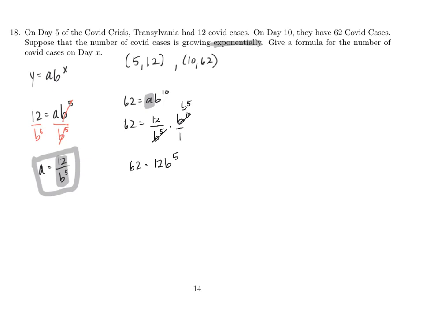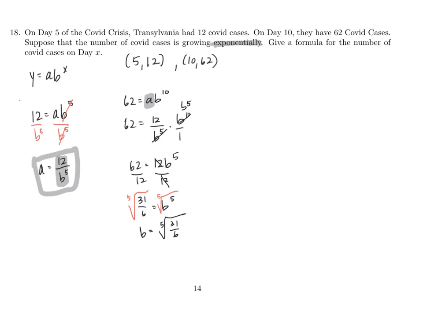Okay, so now I want to solve for B. So first I'm going to divide both sides by 12. So if I divide by 12, I can reduce this to 31 over 6 is B to the 5th. And then I can take the 5th root of both sides. And since it's an odd root, I don't have to put plus or minus. So that's going to be B is equal to the 5th root of 31 over 6.